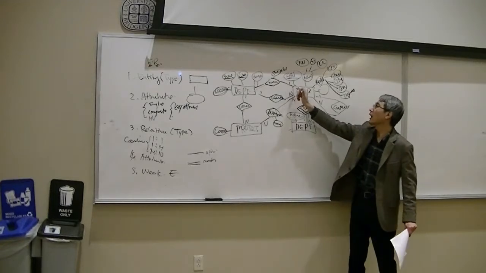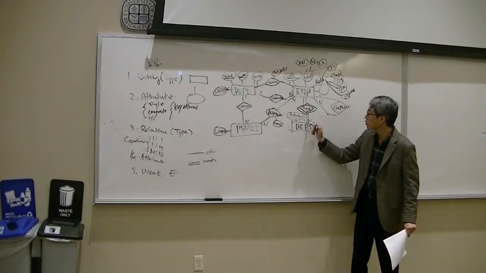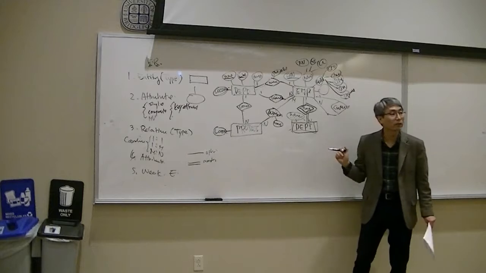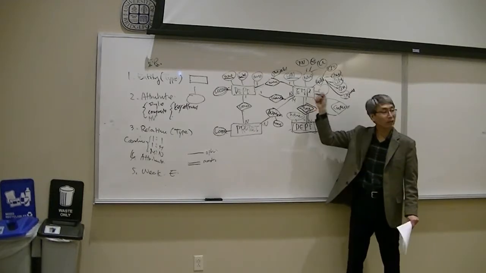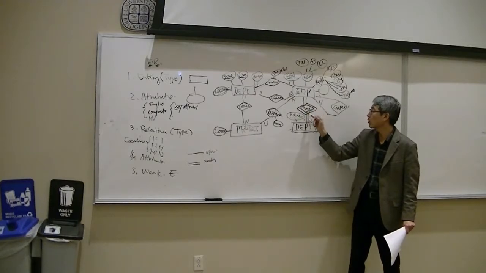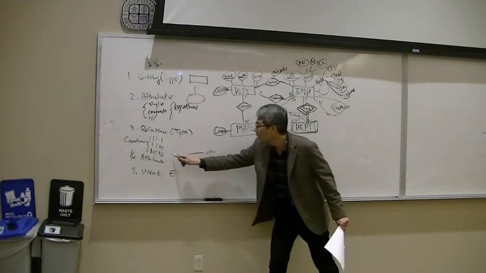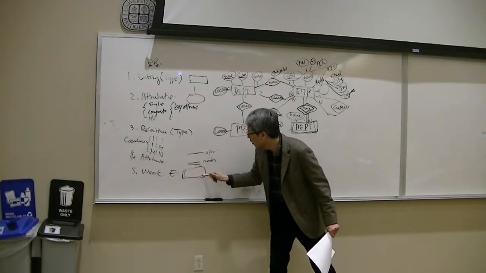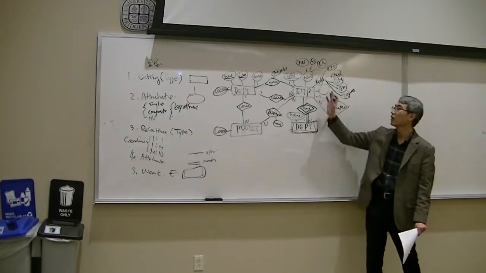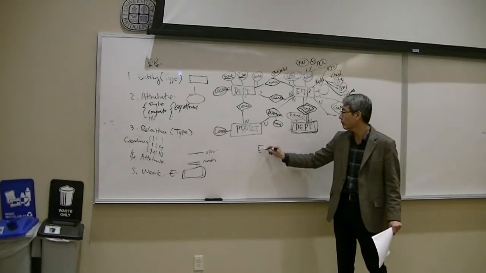However, not all employees are managers, so that is a single line. This should be a double line because if any dependent exists, there must be an employee. So this is the identifying relationship, the double line. And we can use a double rectangle to represent a weak entity. So this is our first example of an ER diagram.